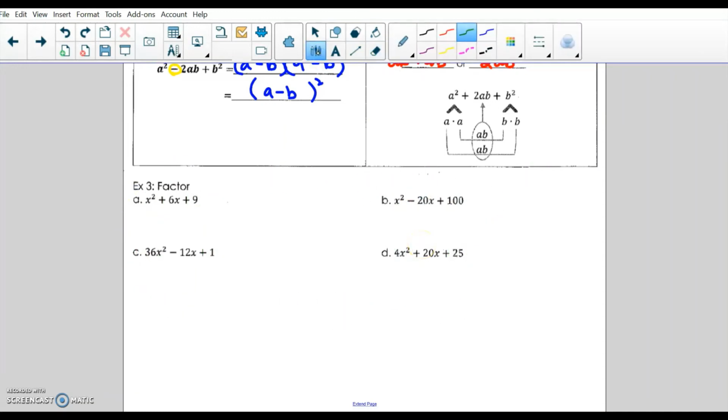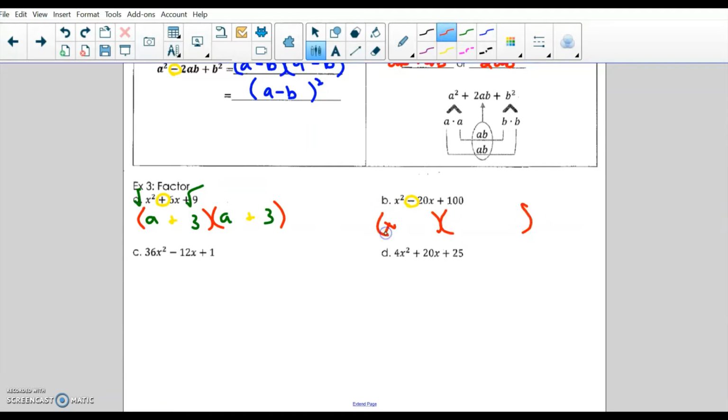Once you recognize that this is a perfect square trinomial, these are really fast because there's not a lot of thinking here. You take the square root of the first and the last term, and then it's a matter of just looking at the signs. In this case, the sign is positive. In the b case, the sign will be negative. So we'll jump into that one.